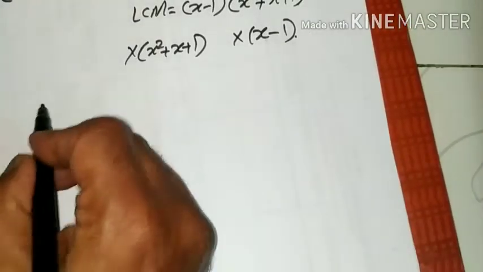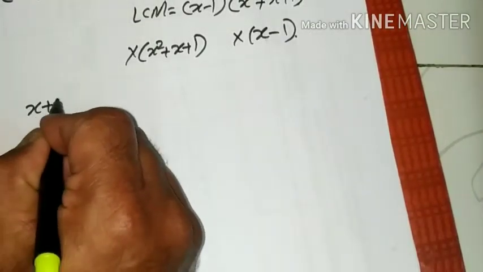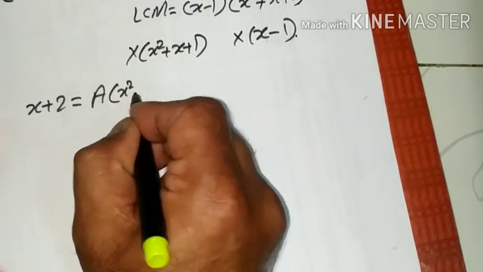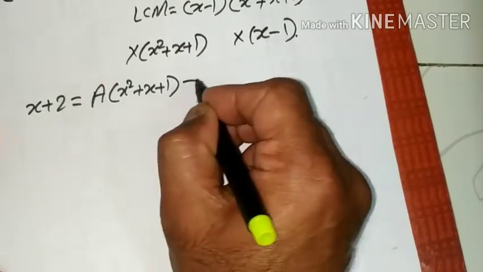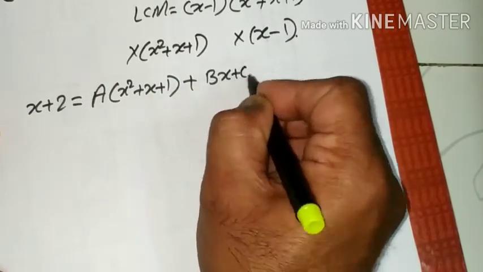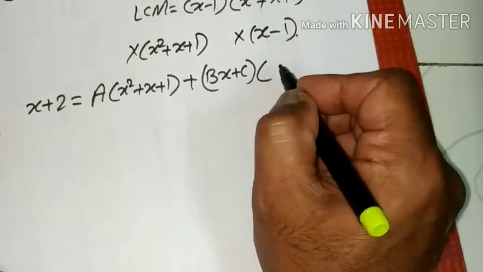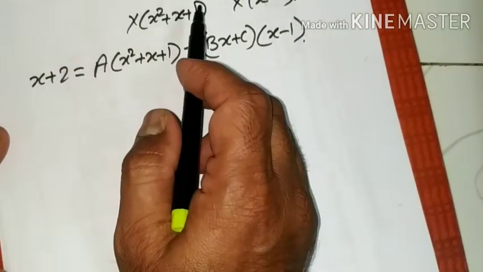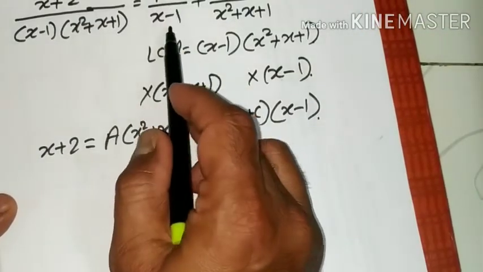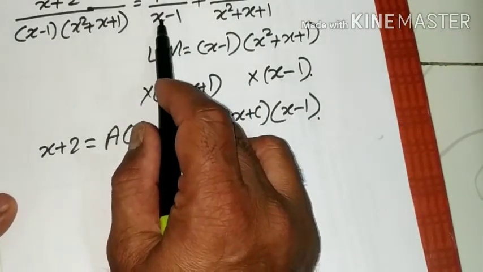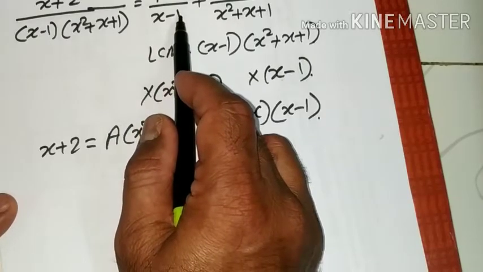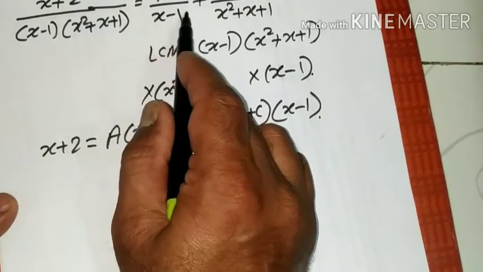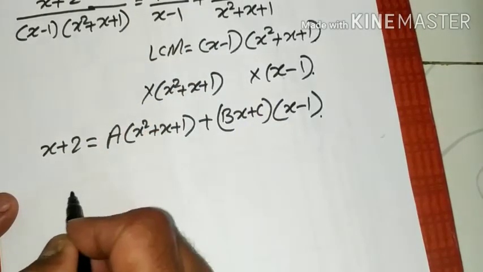Then x plus 2 is equal to A into (x square plus x plus 1) plus (Bx plus C) into (x minus 1). From the first term's denominator x minus 1, the value of x is x equals 1.